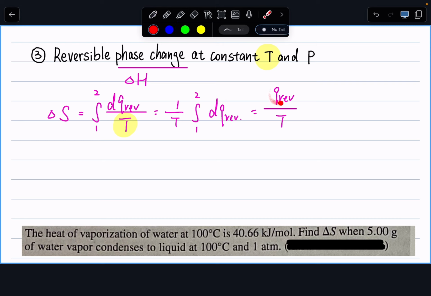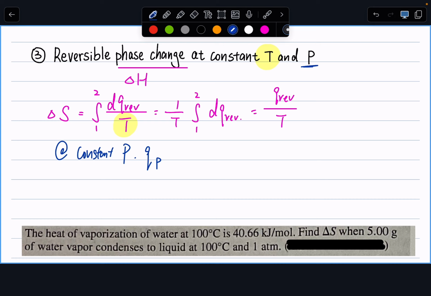Now, what is my Q reversible for this process? We want to use another thing that we know. We have it happen at constant pressure. Now, at constant pressure, my Q or QP equals something we know. Remember, we went over derivation to give enthalpy a physical meaning.